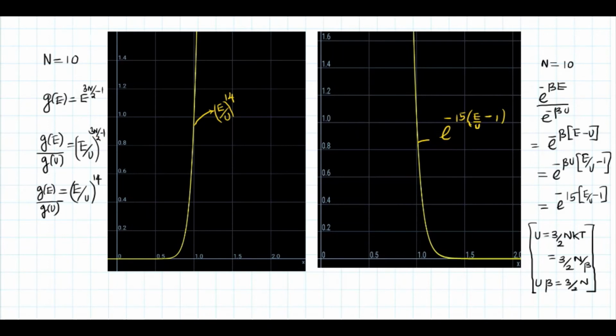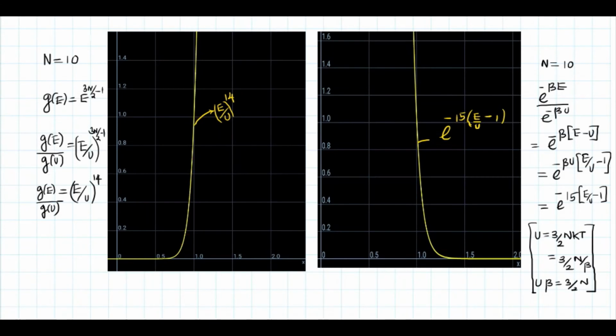What is n here? It is n. So 3n by 2 is 15, minus 1 is 14. So g of e divided by g of u is e by u raised to 14. E by u raised to 14 is like this.